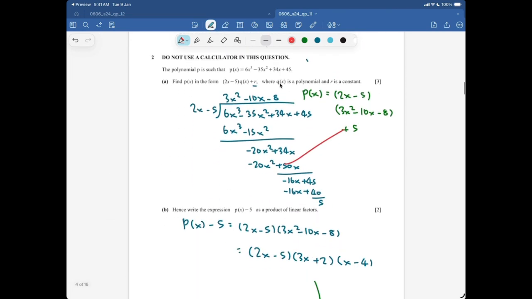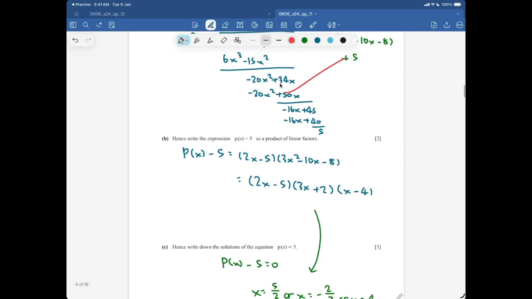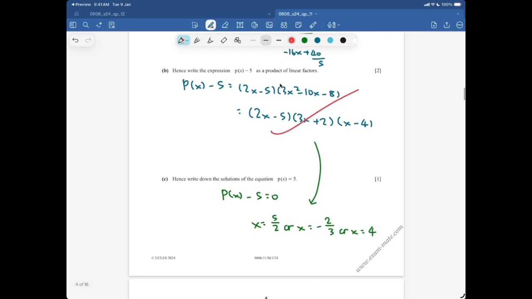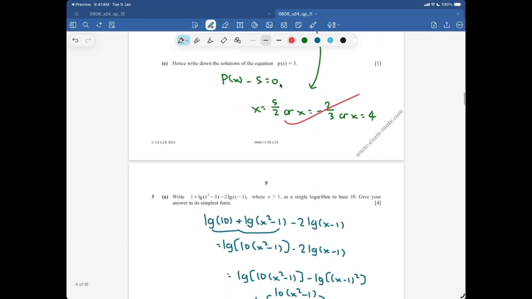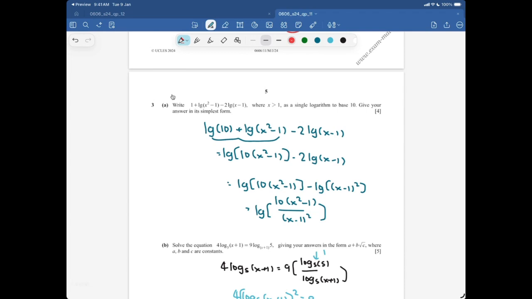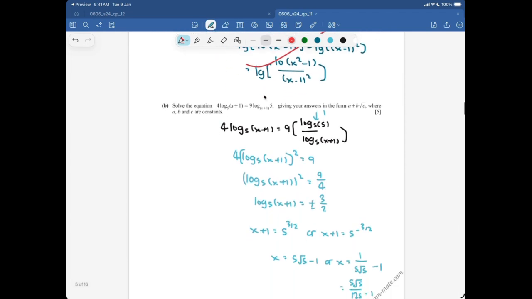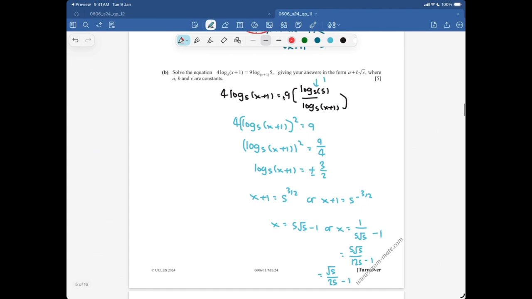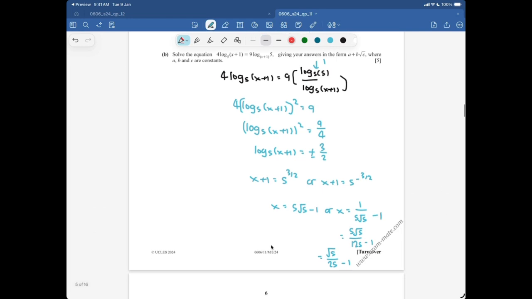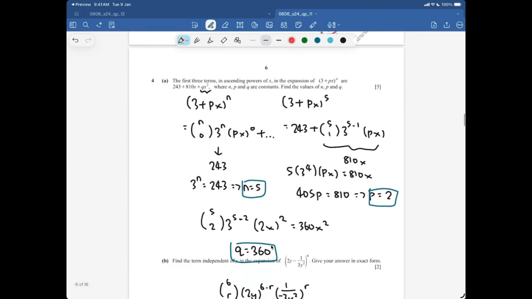That's great. So factorizing, yep, and then the 3 solutions are all correct. For the third question, that's good. And then you should only get 2 solutions, I think. So you get this one, that's correct, and 5 root 5 minus 1, that's also correct. So that's full marks again.